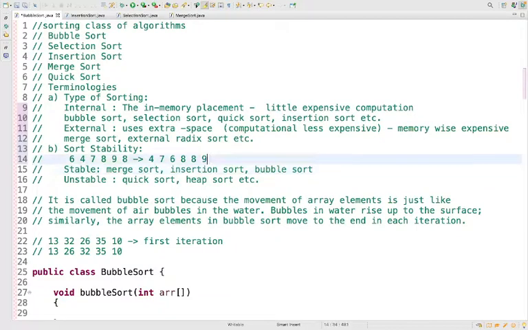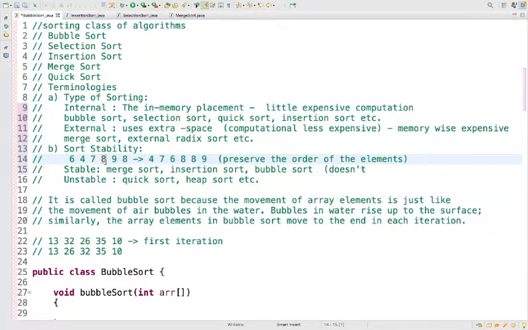Basically, they preserve the order of the elements, and the unstable would be one which doesn't preserve the order of the elements.